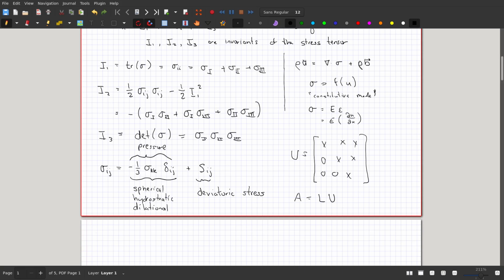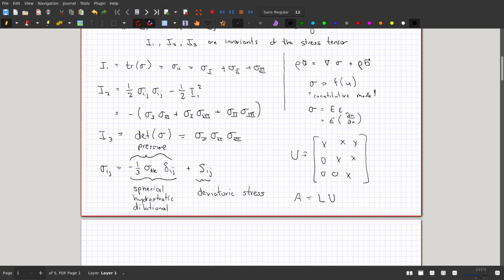And here I'm not talking about pore elasticity, pore pressure. This is a spherical or isotropic stress. You can see it just in the way it acts, right? This is the sum of the diagonal entries times the Kronecker delta function, which can be thought of like an identity matrix, and then you're taking 1/3, it's like an average.